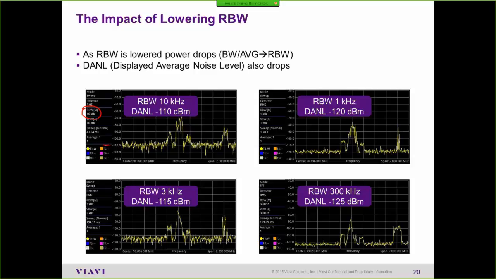So do you see what's happening with the line on the display? It's going down because those bins are getting narrower. Every time you narrow the measurement bin, the bandwidth, the power is lower because there's less signal in that smaller slice.